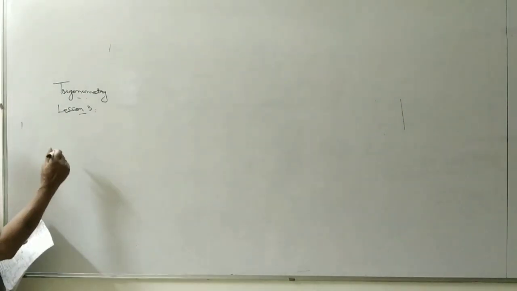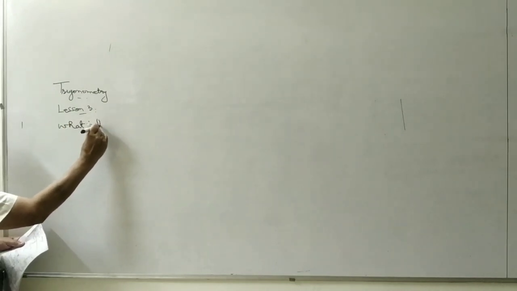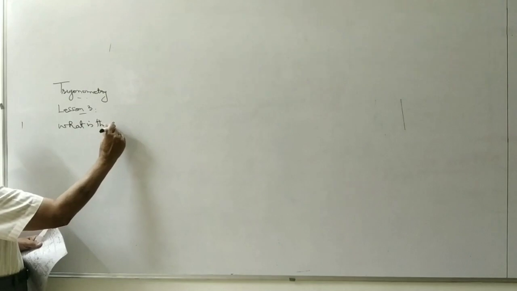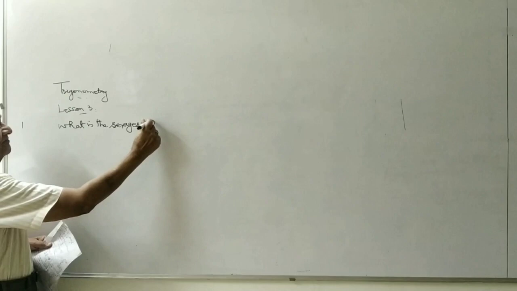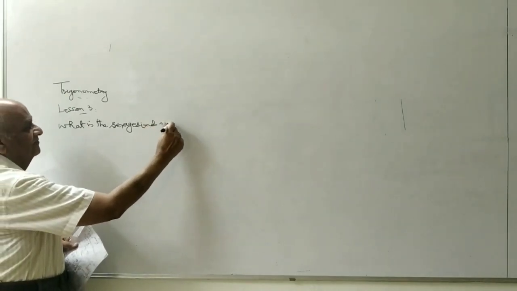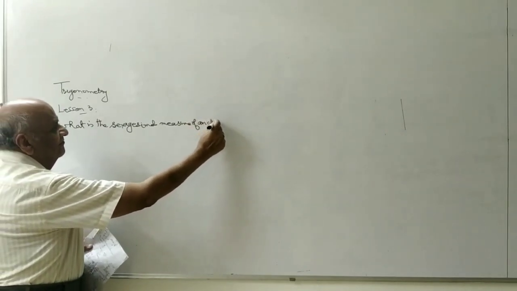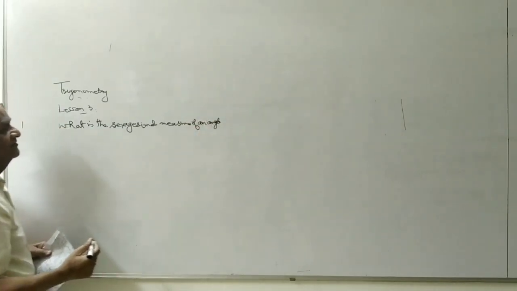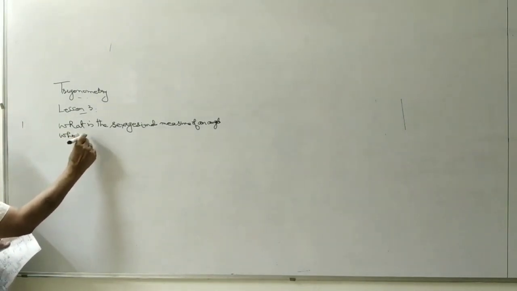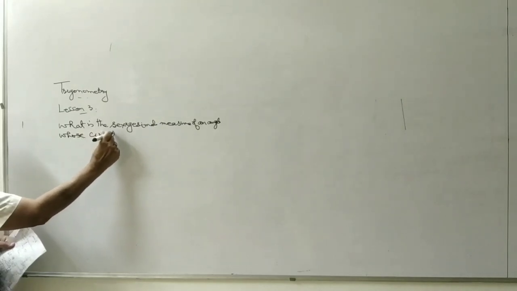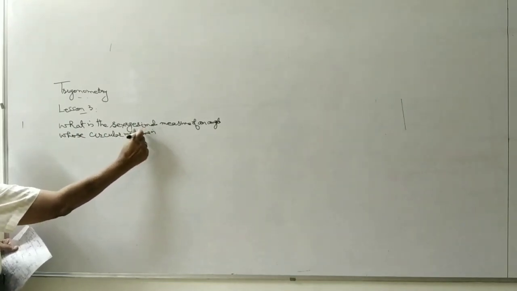The question is now, what is the sexagesimal measure of an angle whose circular measure is 1?